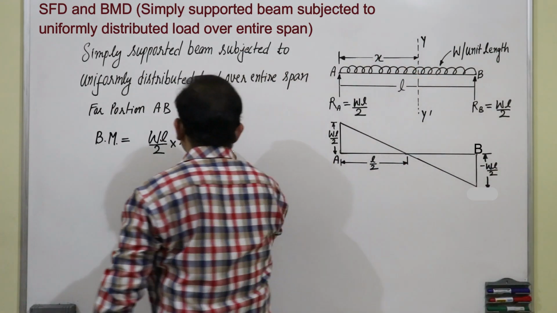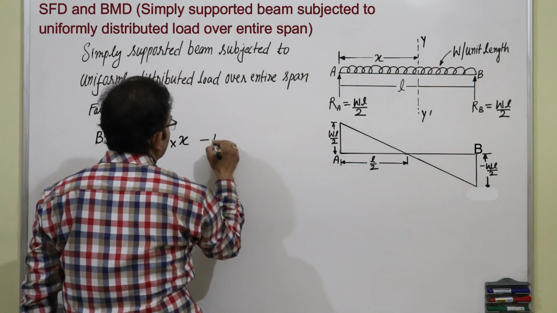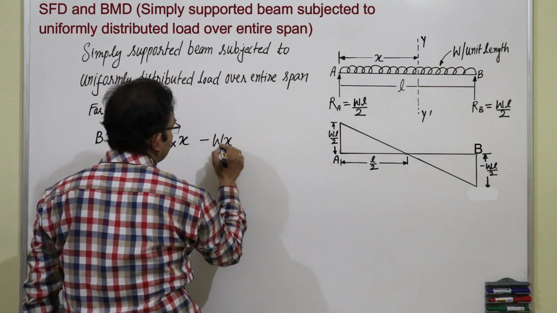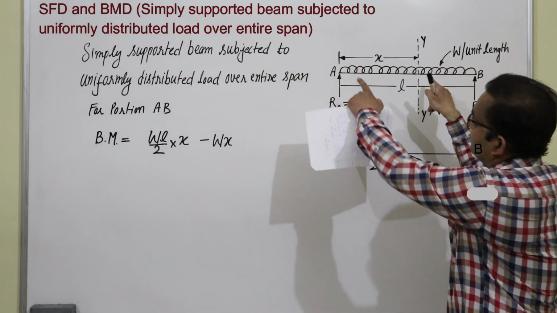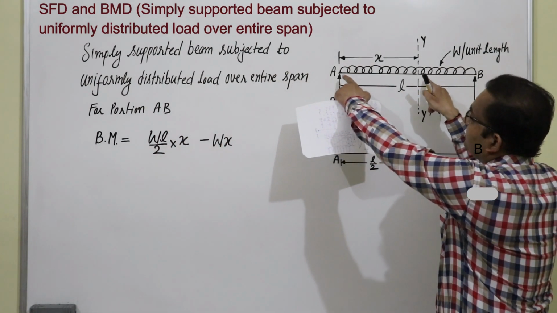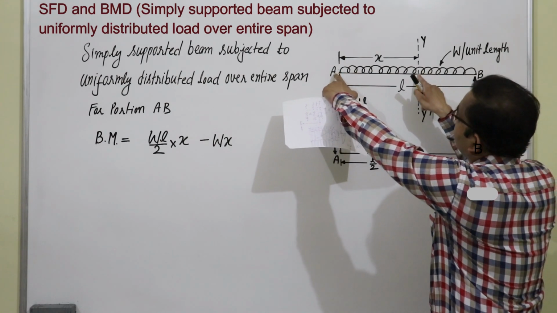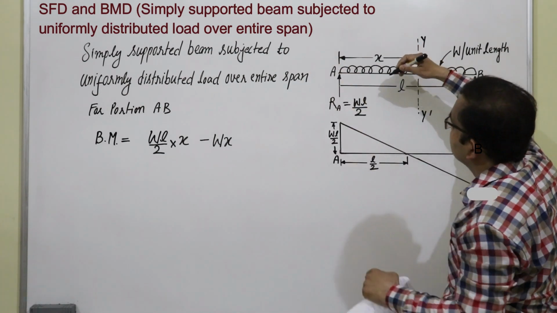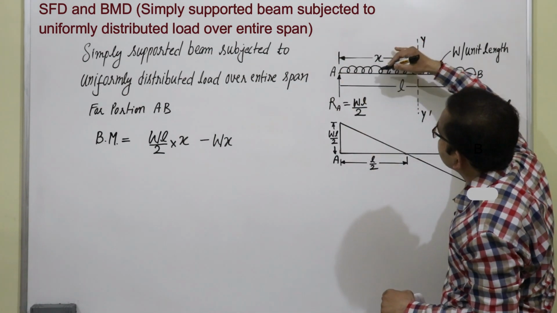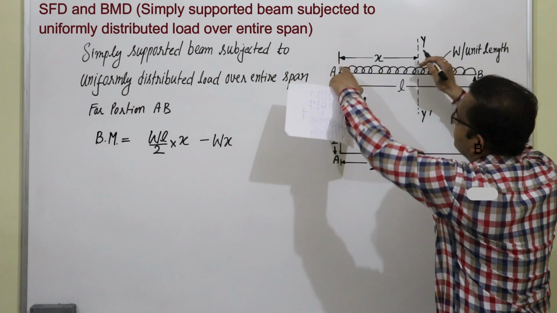So, I am writing here minus W x, this is force, and this force will act at the half of this distance, because it will act at the midpoint of this distance.